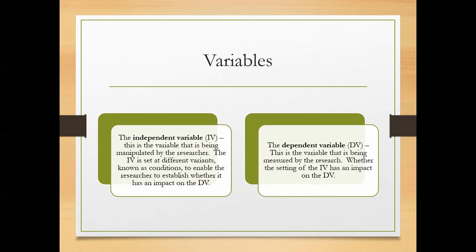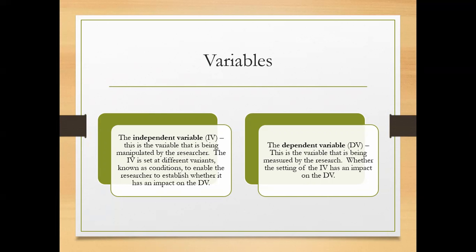And it's about seeing whether these conditions have an impact on the DV. Remember, DV stands for dependent variable. Now, the dependent variable is the variable that is being measured by the researcher. IV is the one that's manipulated. The DV is the one that is measured. So whether the setting of the IV actually has had an impact on the DV. So for example, noise is the IV.